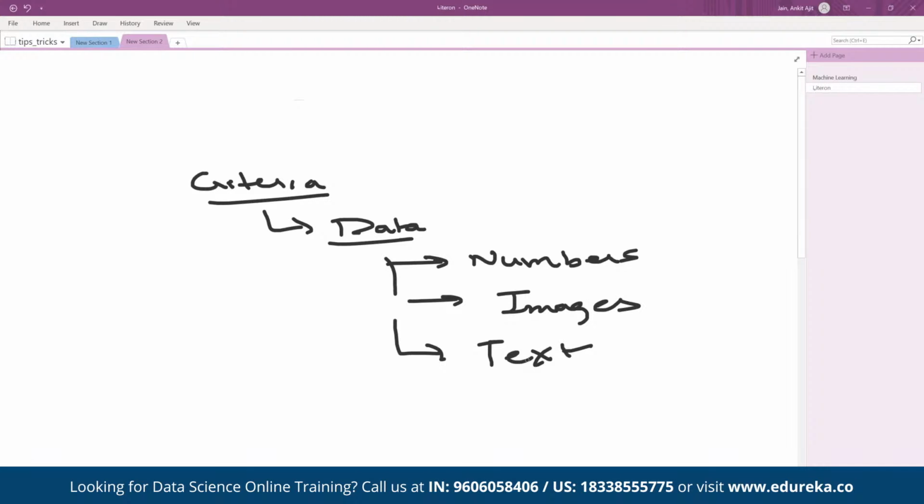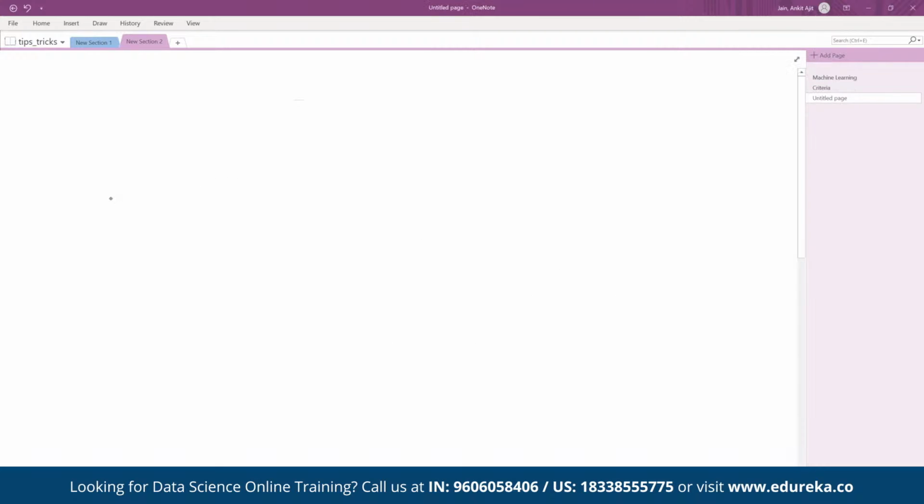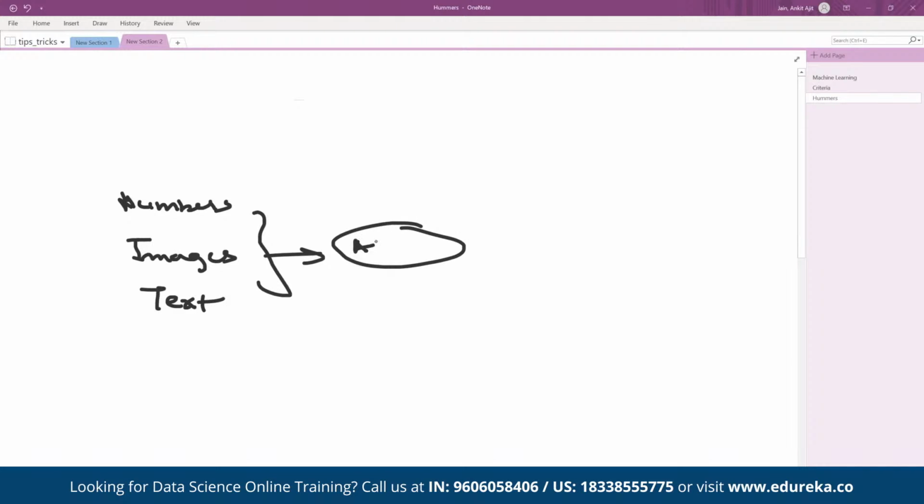Is it clear? The data may be in the form of numbers, images, and text. When these numbers, images, or text go into an algorithm, okay, the algorithm basically means what? It is a set of equations.